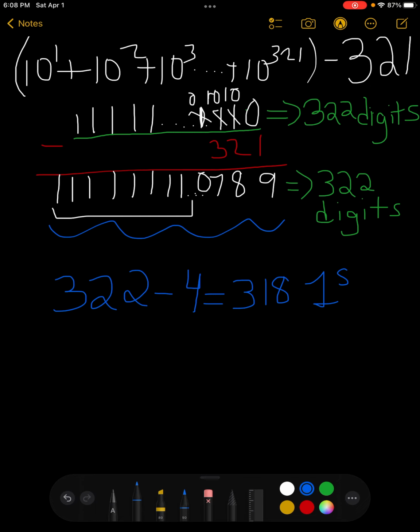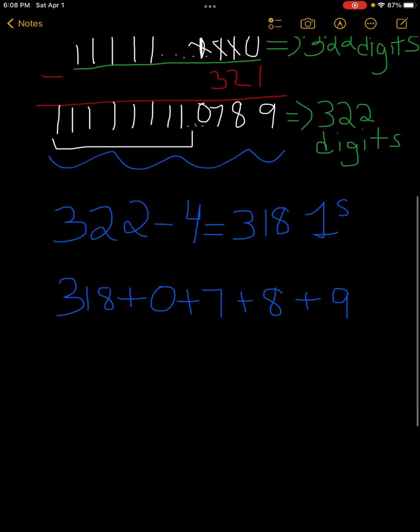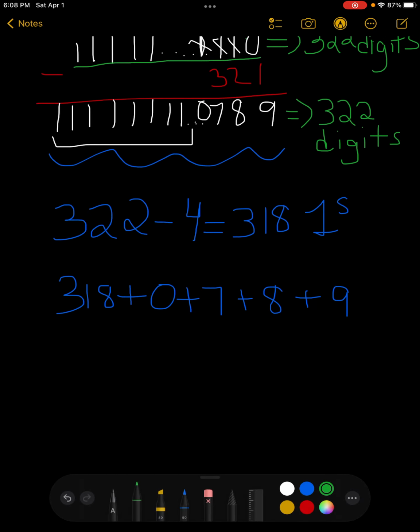And the sum of those digits will just be 318. And now we have to add on the 4 digits we didn't count. So we have to add on the 0, the 7, the 8, and the 9. And when we add these digit sums together, we will get our final answer of 342.